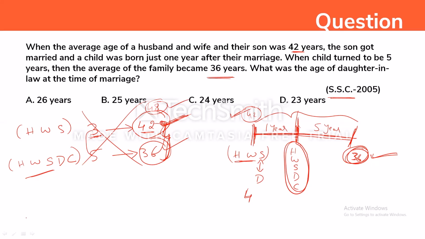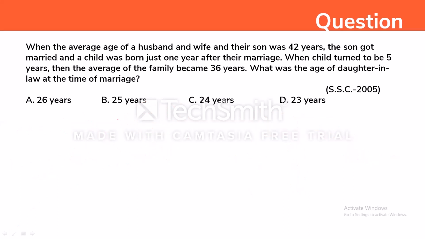Okay, let me erase this and try to solve it. I hope you are all clear with the condition. So listen. Initially how many members are there? Husband, wife, and son. Total three members.